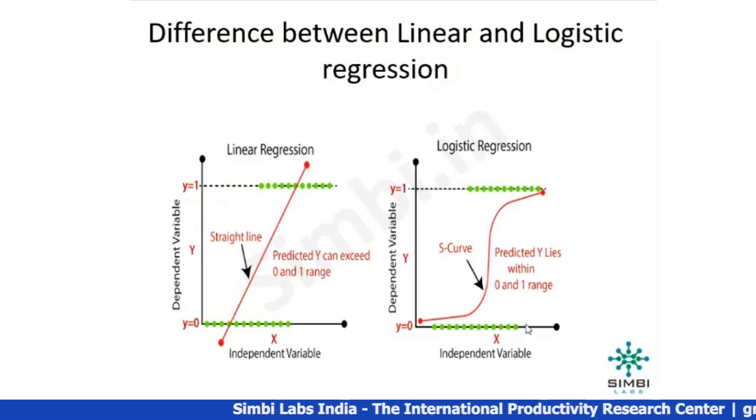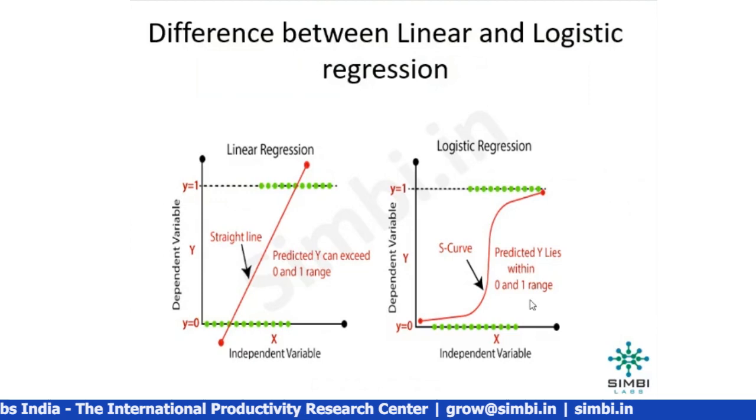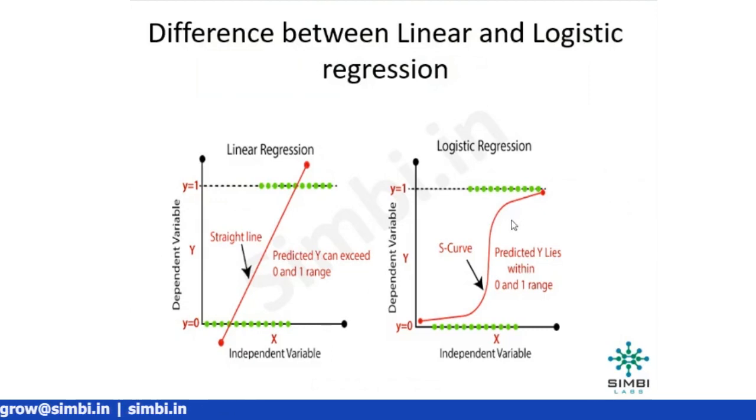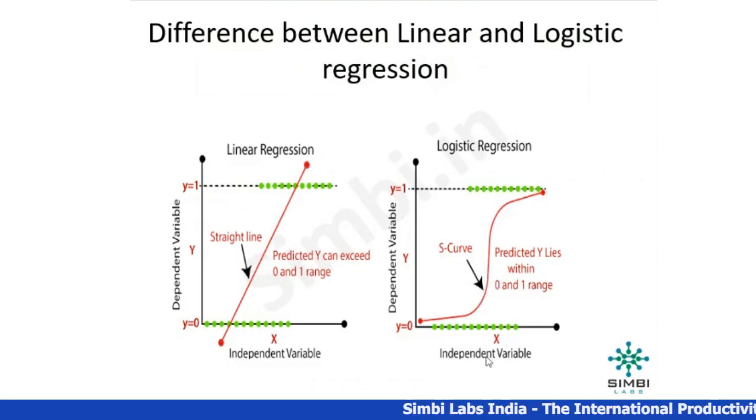Like that, we will check in logistic regression by following the maximum likelihood concept. And then you can calculate the likelihood of the salary which was affected by this independent variable.